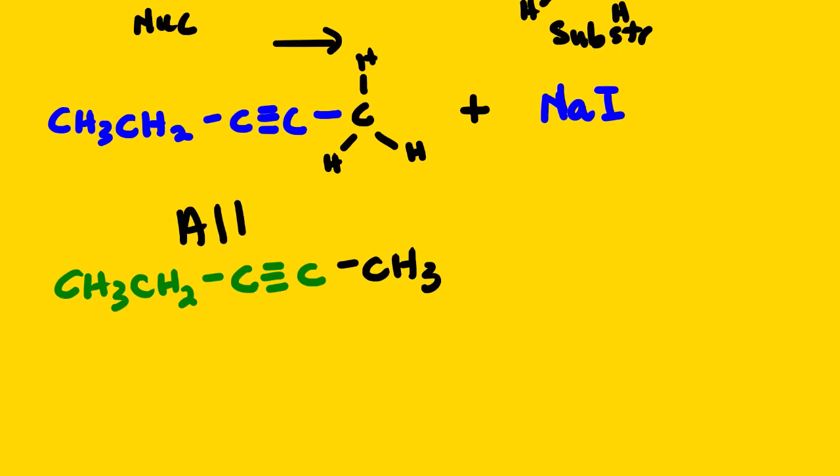You can see that we still have an alkyne, but we have added a new carbon with its hydrogen. So we have extended this alkyne, and you can see that it's no longer a terminal alkyne, but an internal alkyne plus sodium iodide.